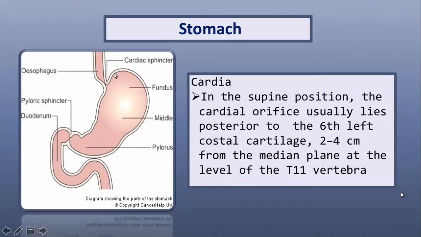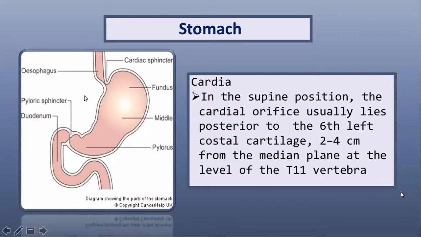Of course, the cardia here, in the supine position, remember this, the cardial orifice is usually posterior to the 6th left costal cartilage. Again, that corresponds to the level of the T11 vertebra. Remember, your gastroesophageal junction occurs at this level, T11.